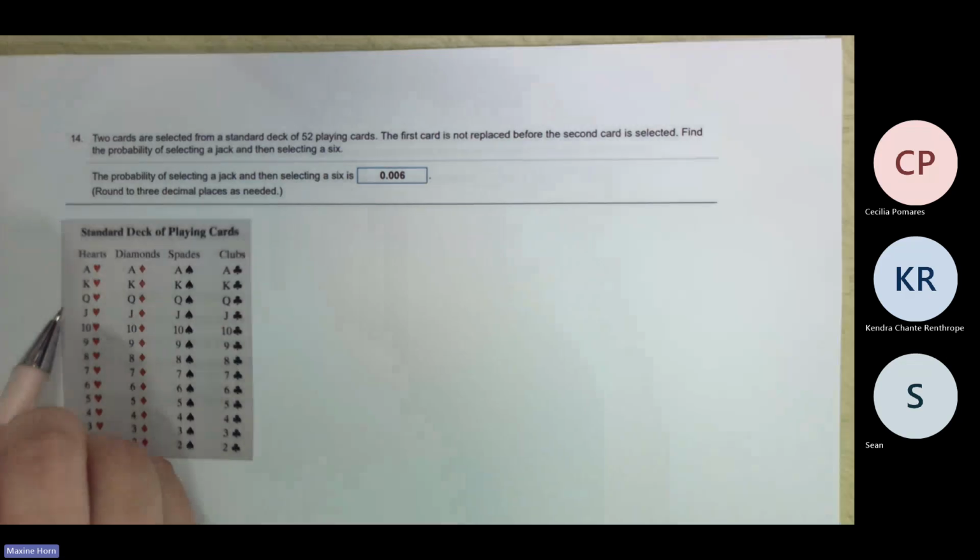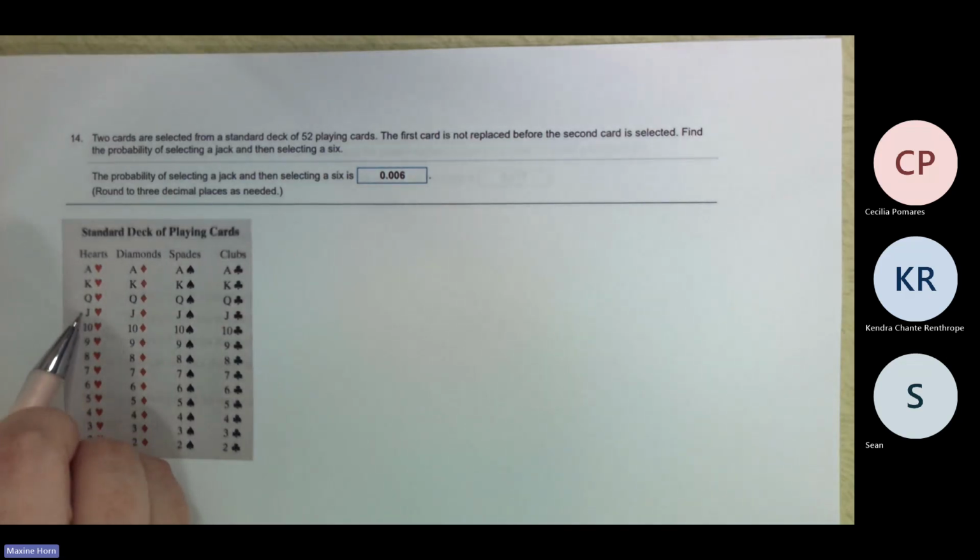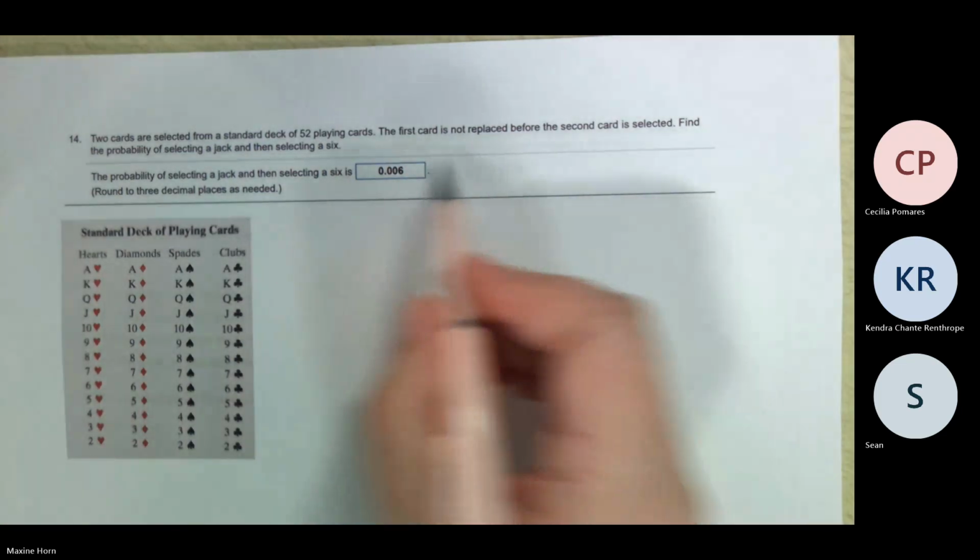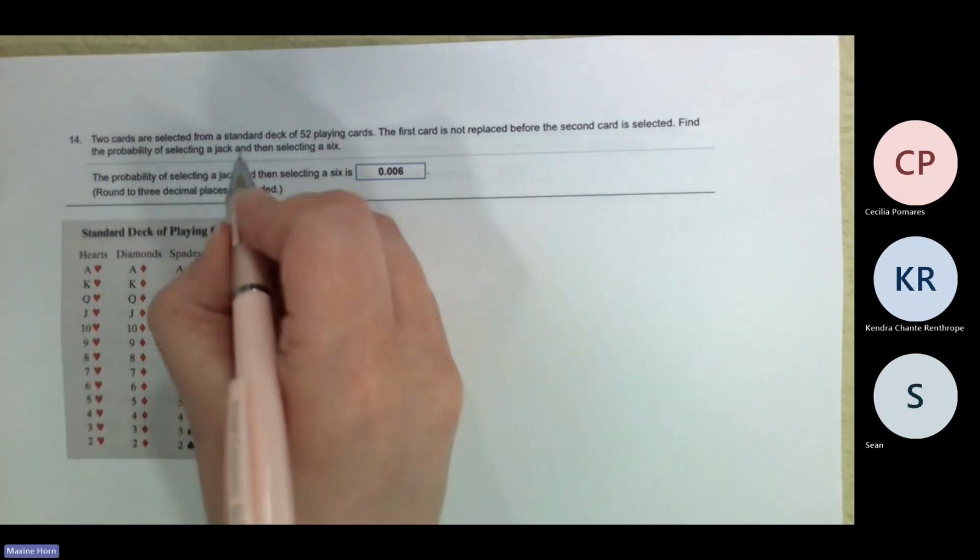Also, face cards are the king, queen, and jack. The ace is not a face card, so you might run into that as well. Okay, so this is saying find the probability of selecting a jack and then selecting a 6.